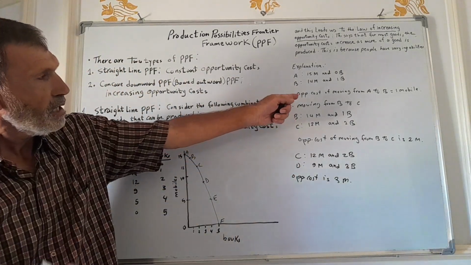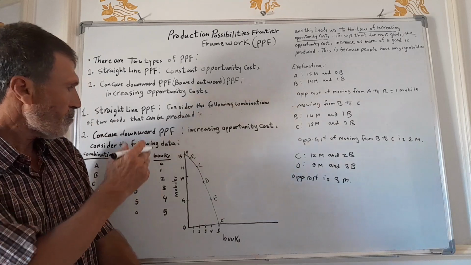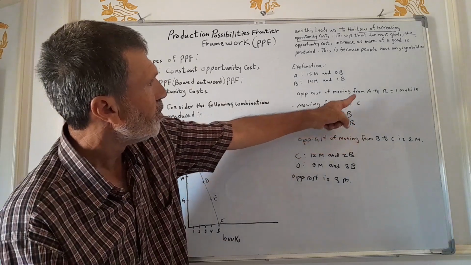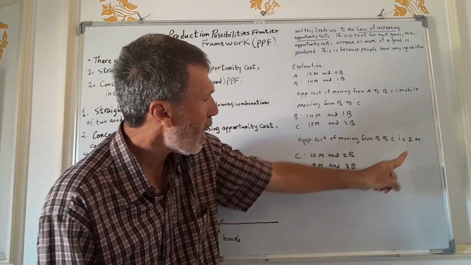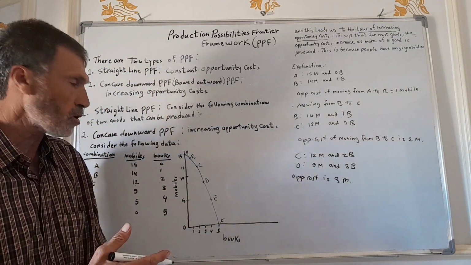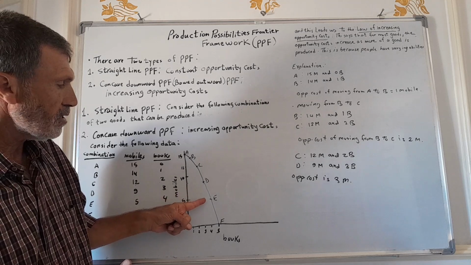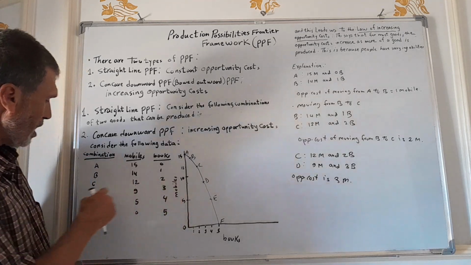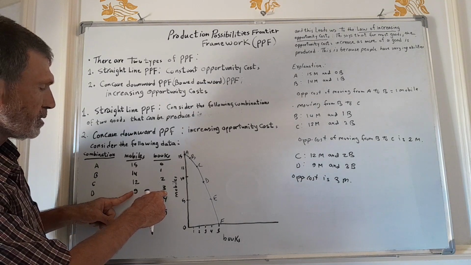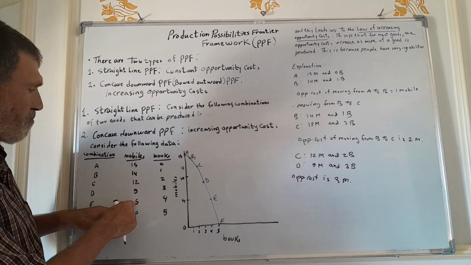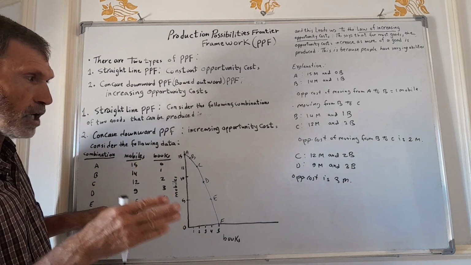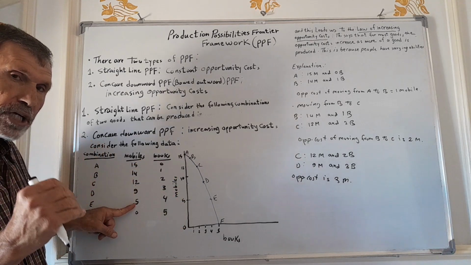So as you can see, the opportunity cost as you move from A to B, B to C, C to D is increasing, from 1 mobile, 2 mobiles, 3 mobiles. Of course, we also expect an increase in the opportunity cost as we move from D to E and from E to F. From D to E, at D we have 9 mobiles and 3 books. At E, we have 5 mobiles and 4 books. So there is an increase in the production of books and a decrease in the production of mobiles.